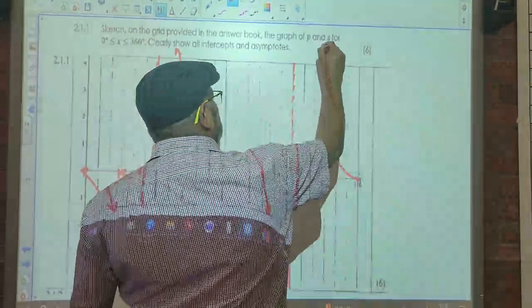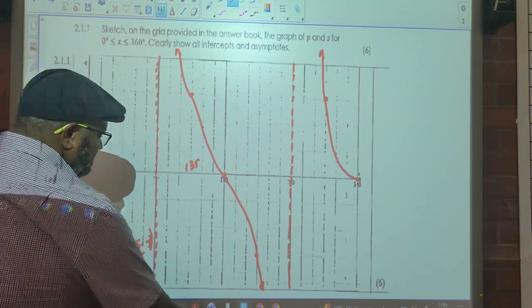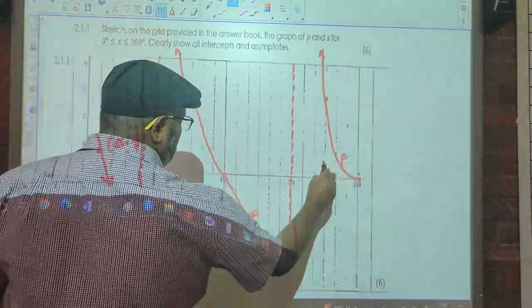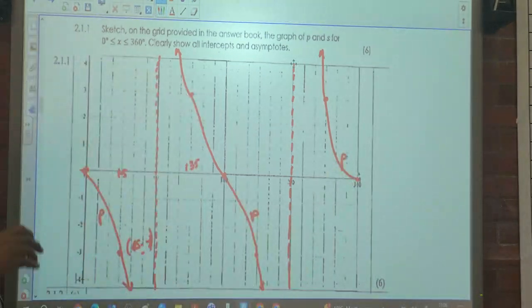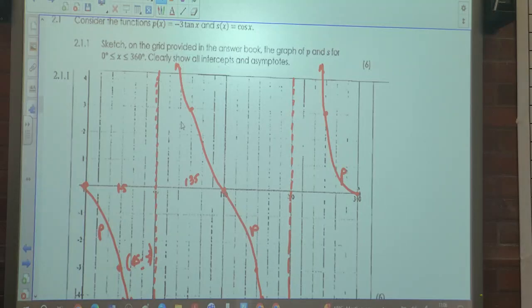So again the graph comes close to asymptote but never ever touches. So that is a tan graph. And this is the graph of P of x. Okay, since there's more than one graph on the system of axes, I of course write down which is P and which is S.